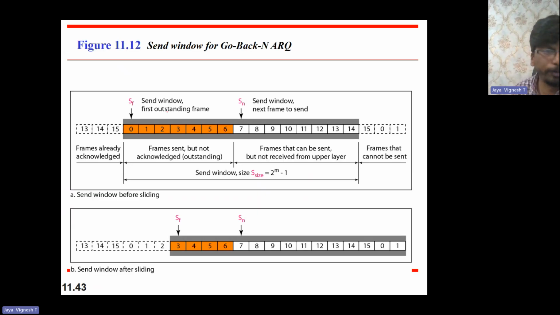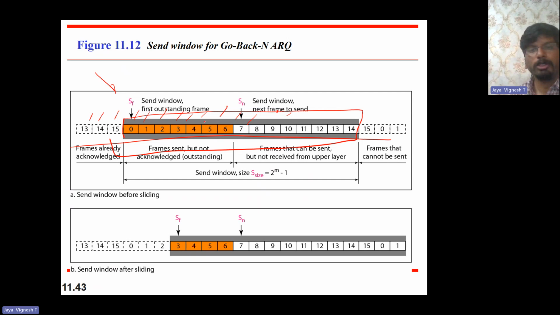If you look at this picture, you will be able to understand these 3 variables and how you're tracking. Every slot can accommodate a frame, and the gray box that you see here is the window. In this particular example, can anyone tell me what the window size is? The window size is 15.